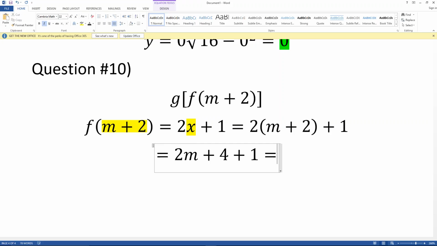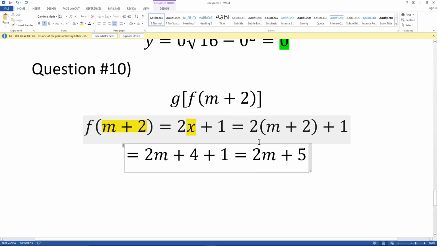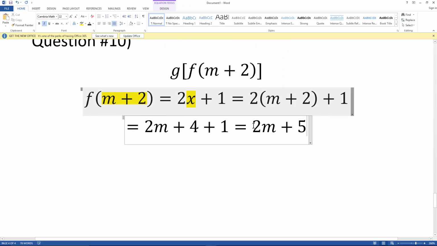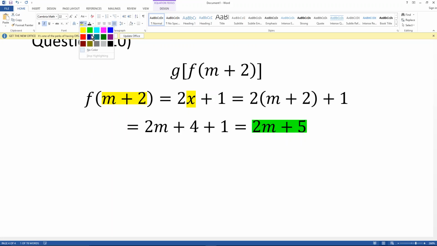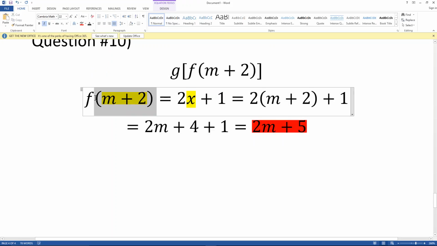When you collect like terms, you get 2m plus 5. Now realize this is going to go up and replace this, because that's what it's equal to. This is equal to that, and we're going to go up here and replace it.